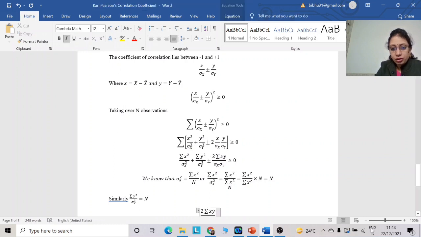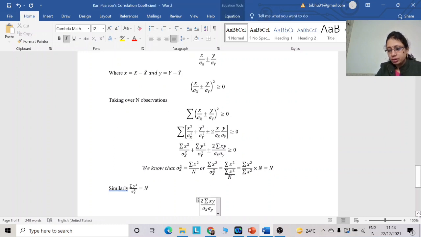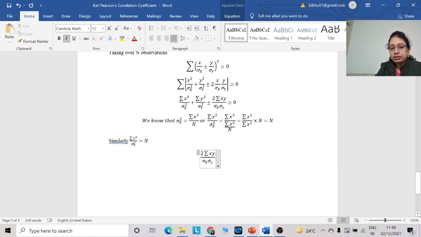So let me rewrite. Please recall the correlation coefficient's first formula. So what we will rewrite, okay, we can rewrite as 2nr. Why?